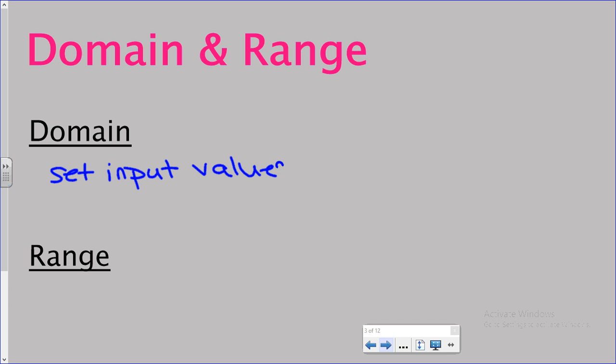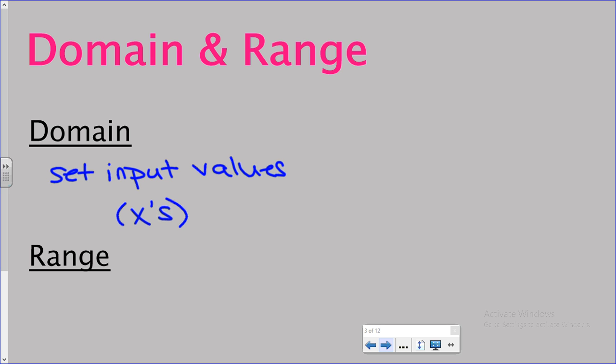Anybody else have a different way of saying that? I like input. Okay. X is what we put into a function. That's what we call our input. That's the domain. What numbers can we input into our function?